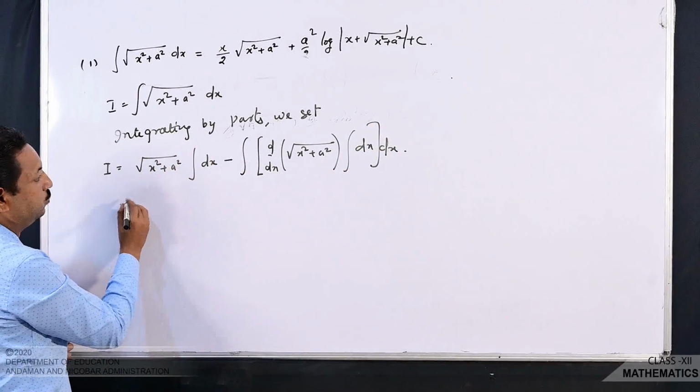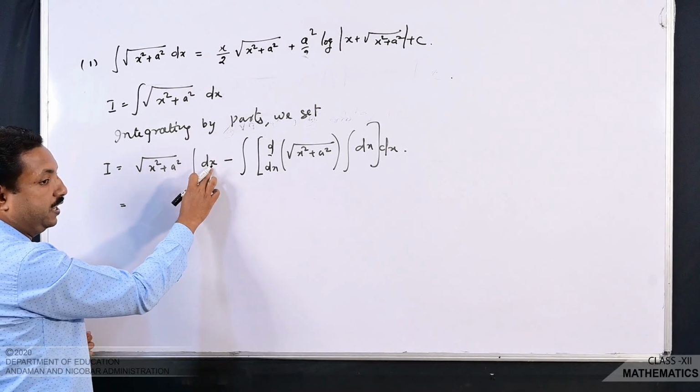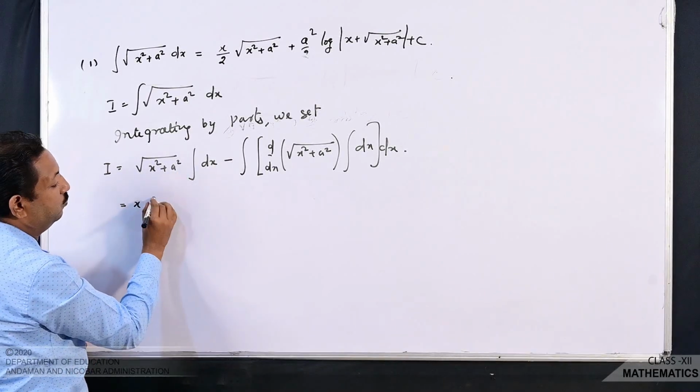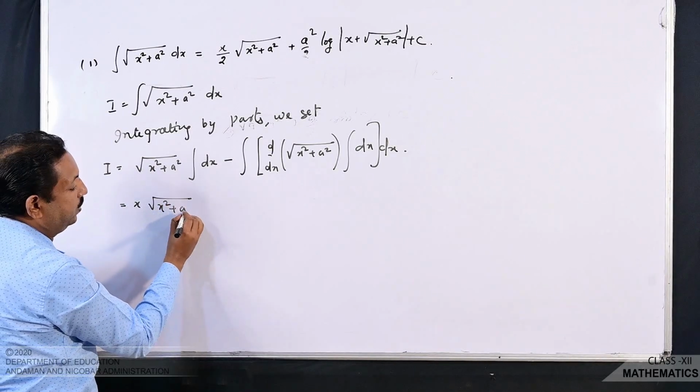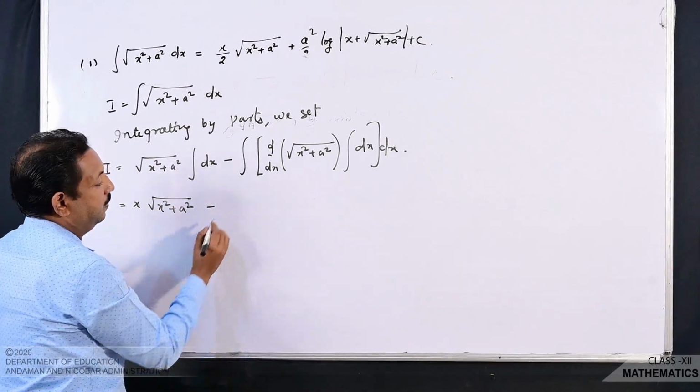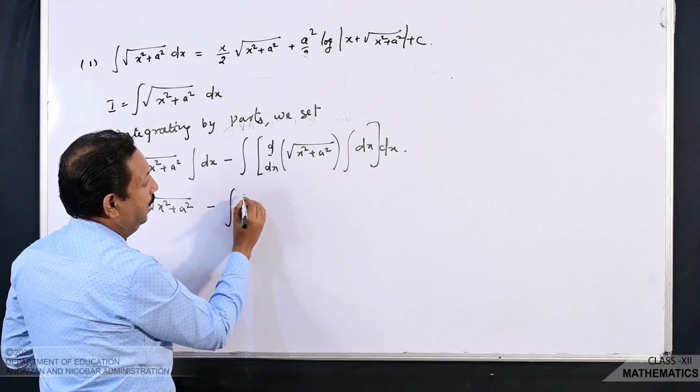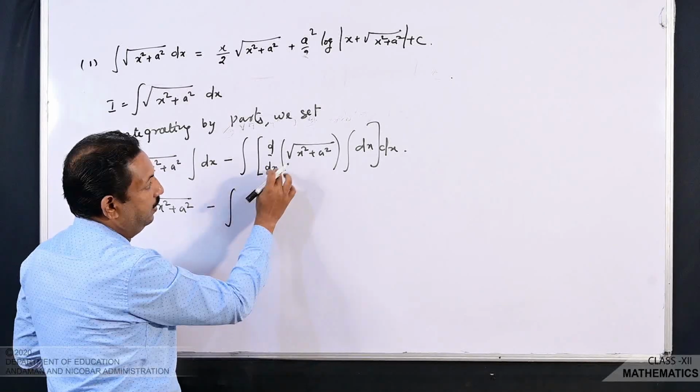So, this is equal to, the integration of dx is x. So, we have x root under x square plus a square minus integration, and here what we can write is the derivative of this one.